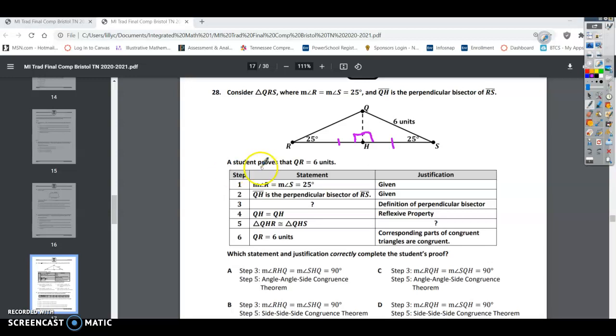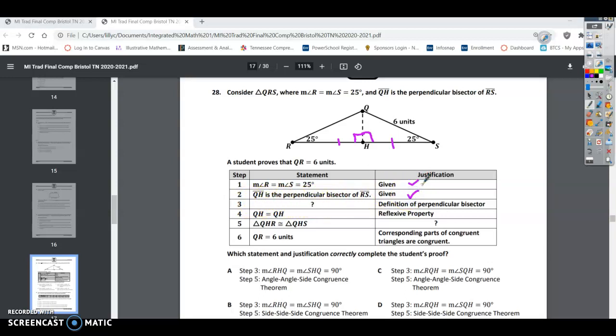All right, a student proves that QR is 6 units. All right, so the measure of angle R equals the measure of angle S is 25 degrees. That is given, okay? All right, QH is the perpendicular bisector of RS.